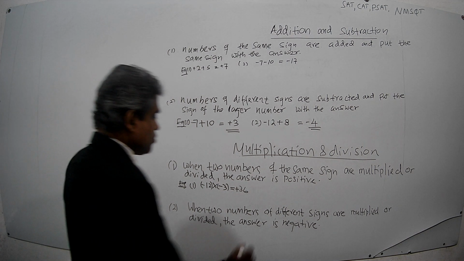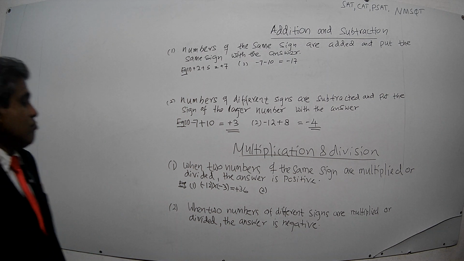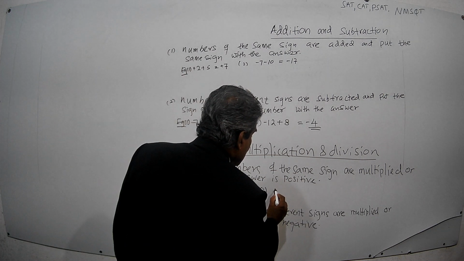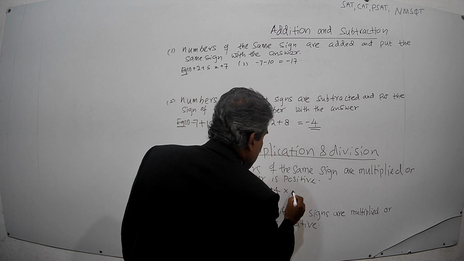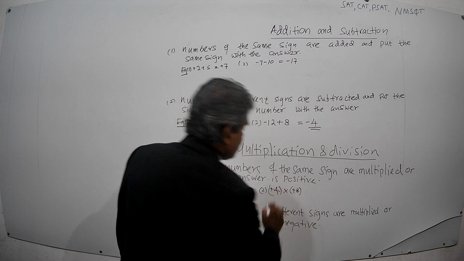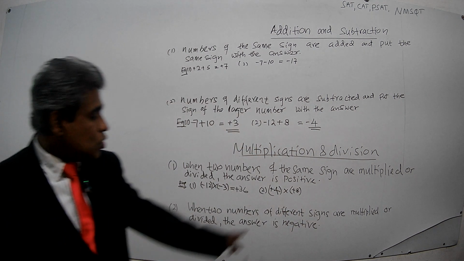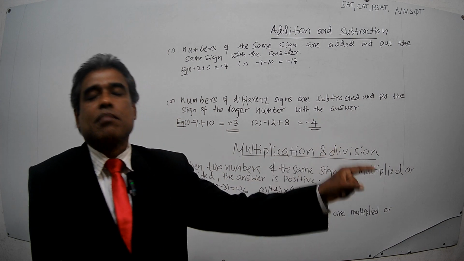Now take the second example: plus 4 multiplied by plus 8. You multiply two numbers of the same sign. The same sign here is positive. Positive 4 multiplied by positive 8.